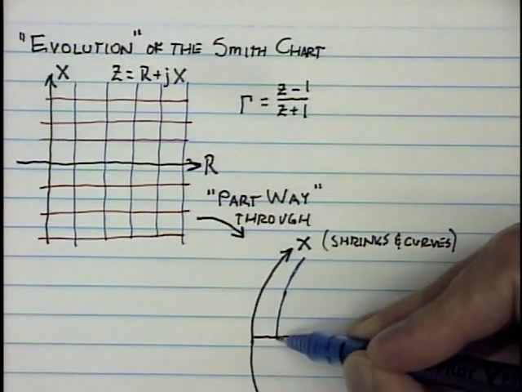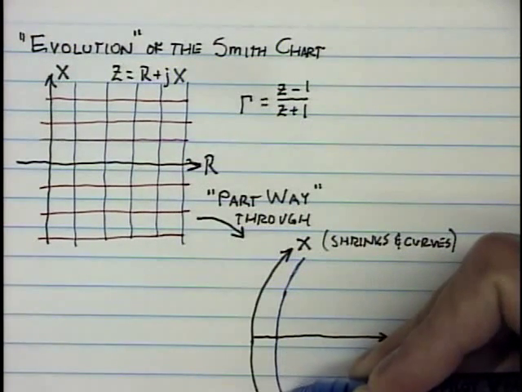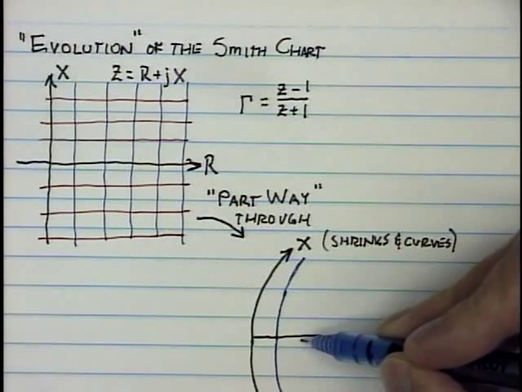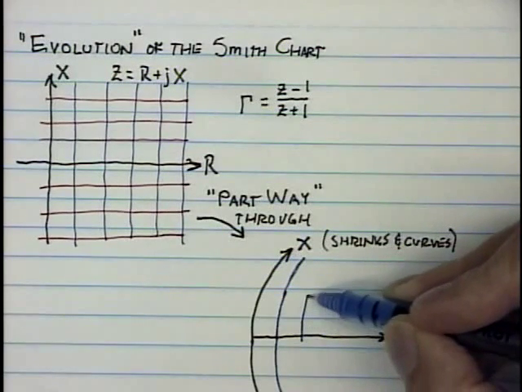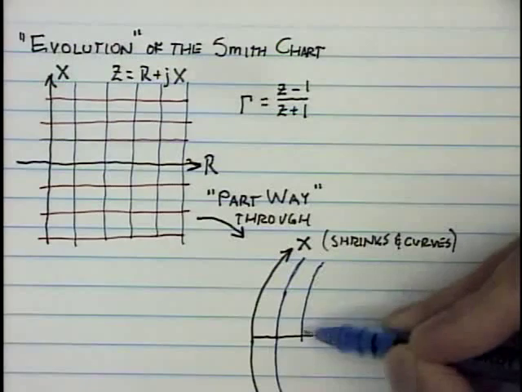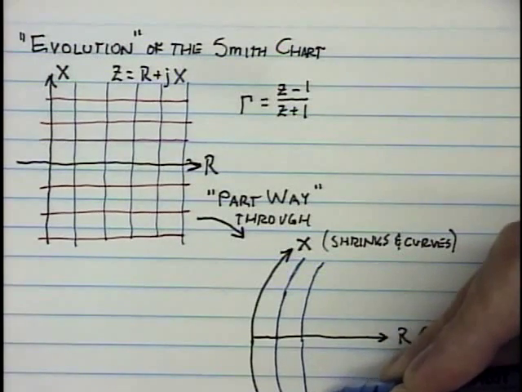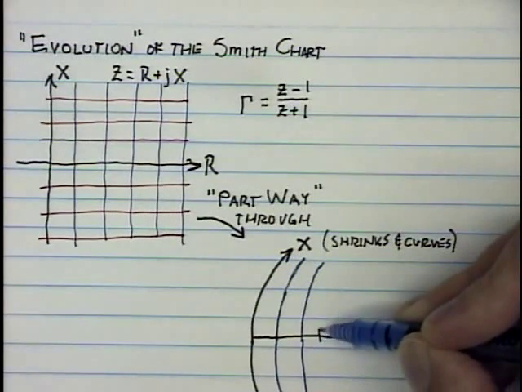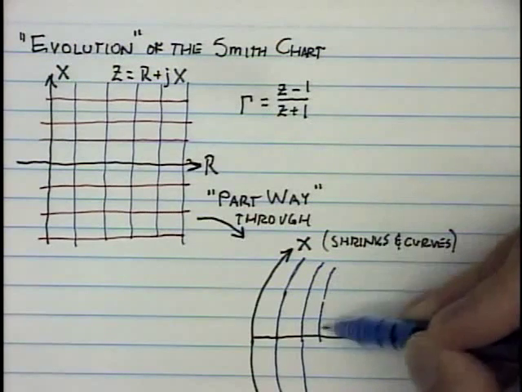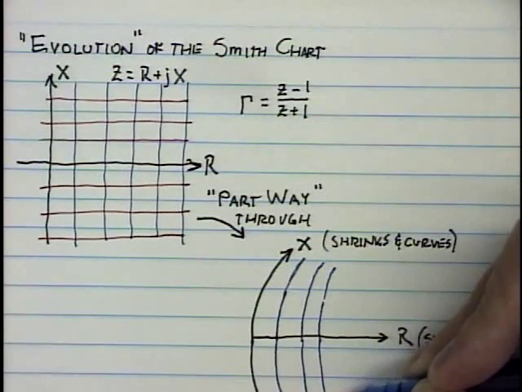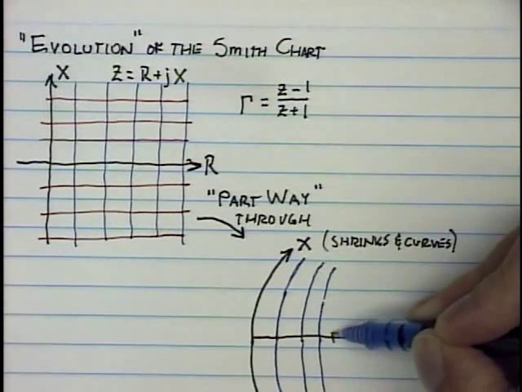They start curving too, and because the r-axis is shrinking, they start getting closer and closer to one another.